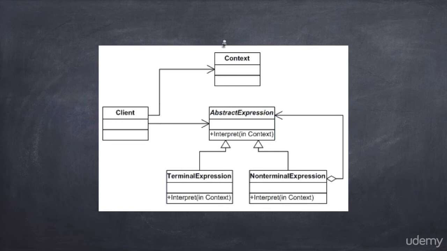To execute a language command, all the client needs to do is initialize the context and provide it in a call to the interpret method of the topmost expression in the expression tree. That expression class will then call the interpret method of other expressions to process the language command.